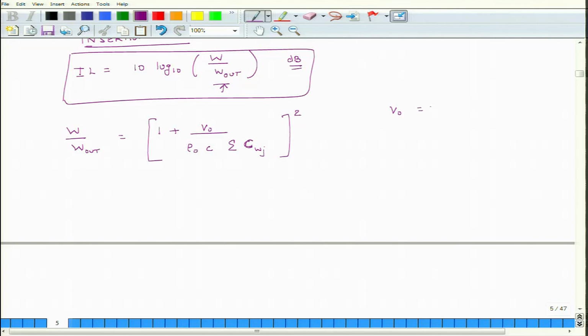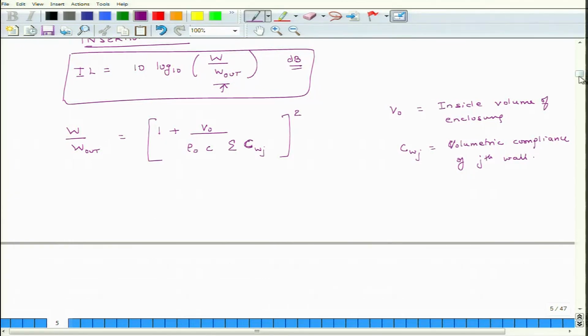So, V naught is the inside volume of the enclosure, and C WJ is the volumetric compliance of the jth wall.